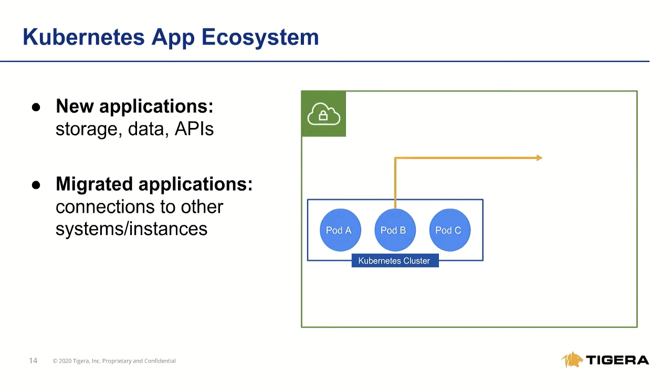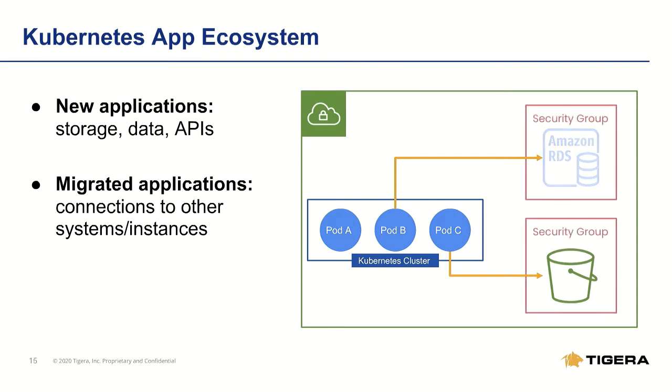For an example, you may want to have one specific pod that connects out to an RDS database that has some customer data. You may have another pod that connects out to an S3 bucket.